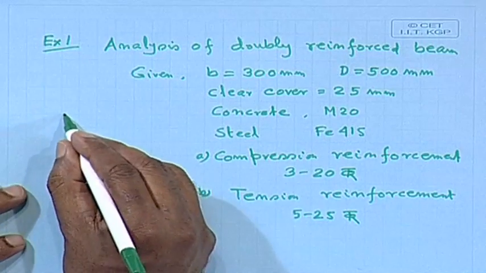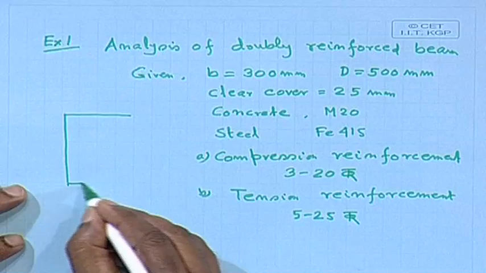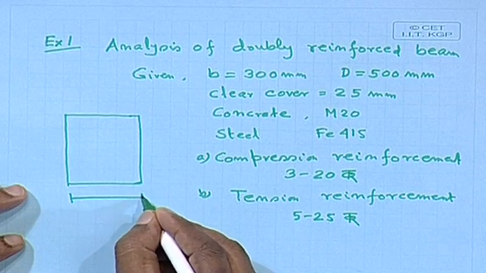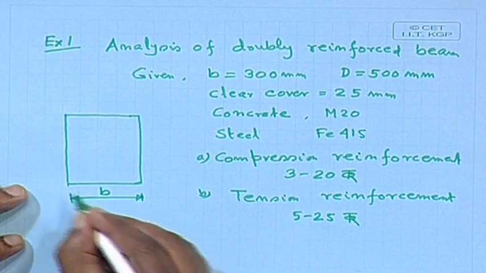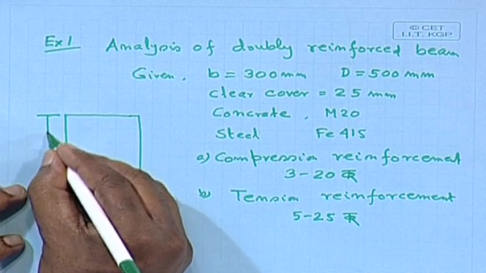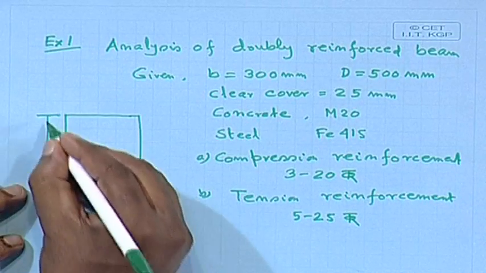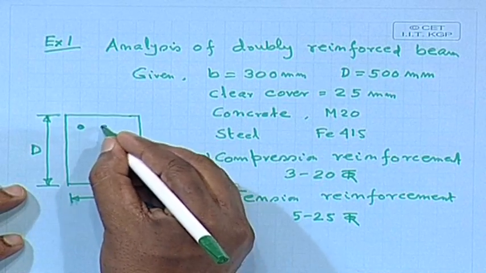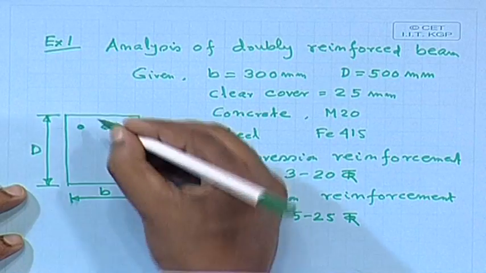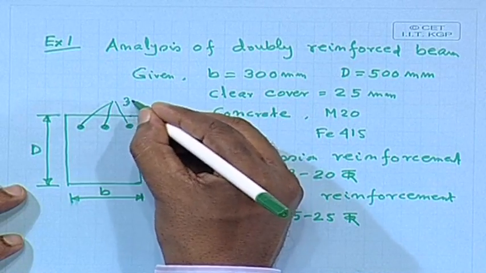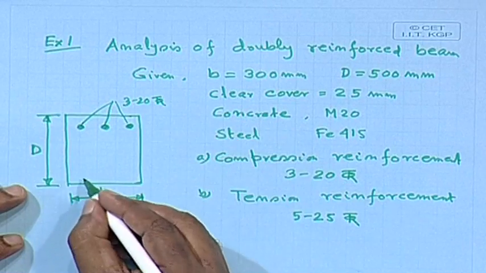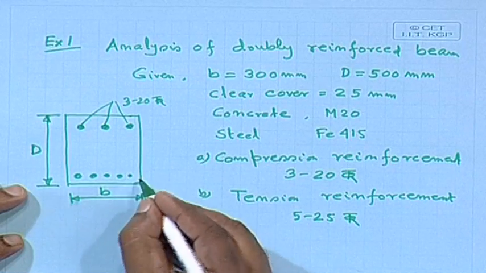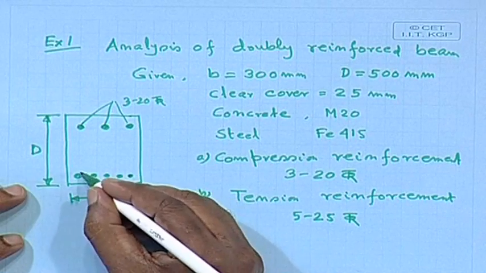Let us draw the section. B, capital D, 3-20, 5-25.